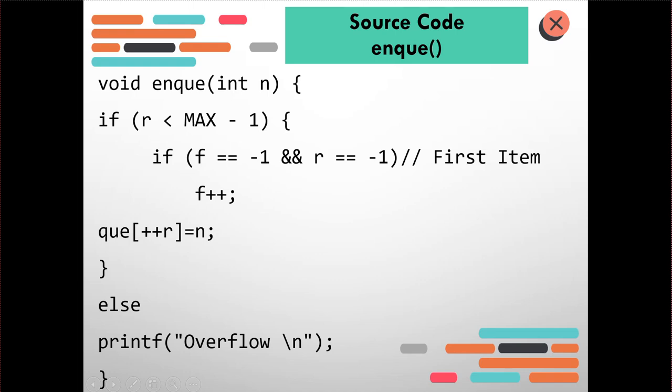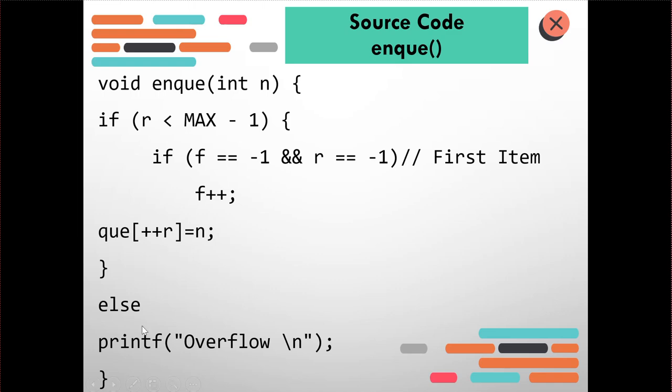If we are arriving here for the first time, since r would be minus 1, ++r would be 0, so r would be 0. So q[0] would be storing the element n for the first time. If you pause this video and check what would be the value of f and r, in this case both of them would be zeros, as we just saw in the previous slide.